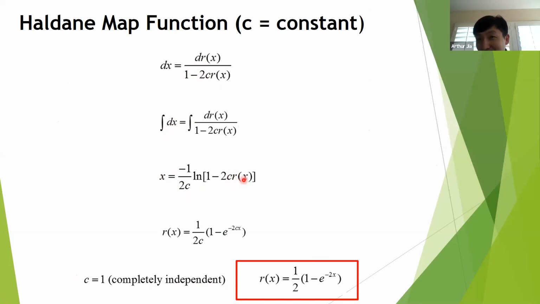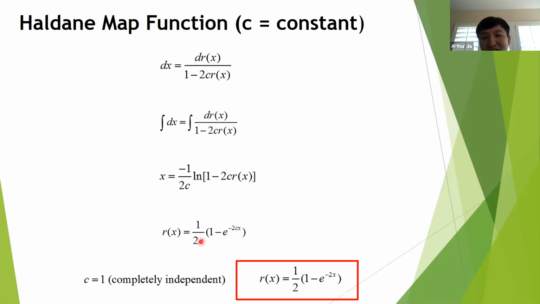When I showed you the diagram, that diagram is the map function, which shows the relationship between the additive measure X and the non-additive measure Rx, the recombination frequency. Once we have this, we can easily rearrange this equation, put Rx on the left and everything else on the right. And this is the map function.